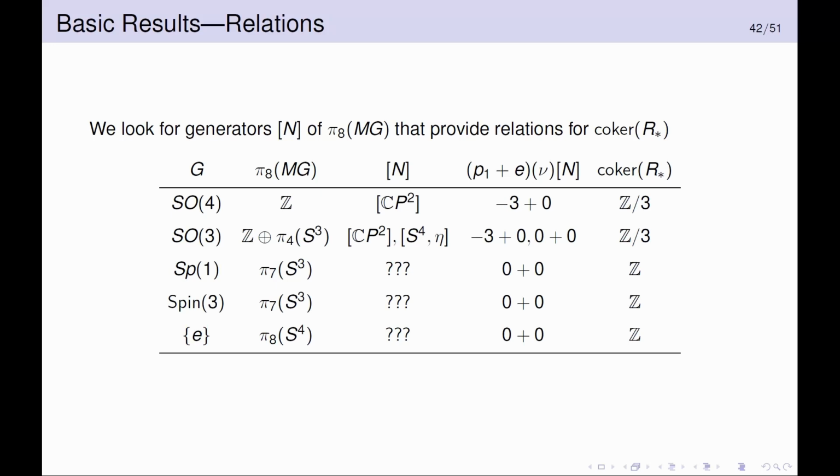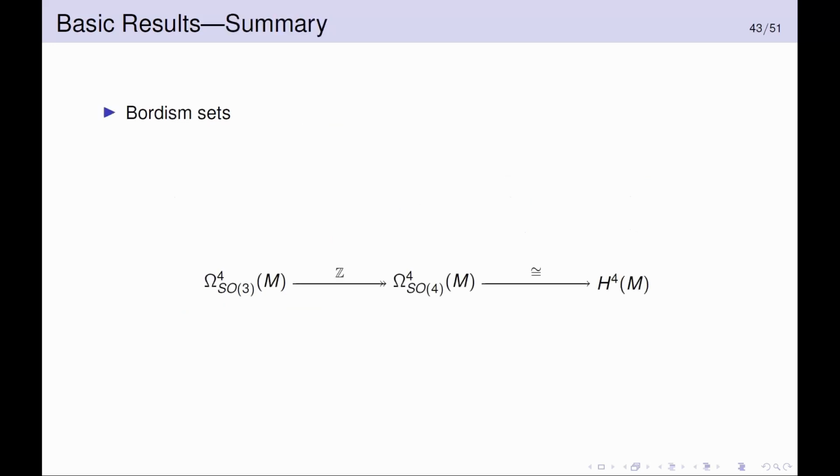So this tells us how many choices we have to lift a cobordism class to a homotopy G associative. Let's summarize. We have bordism theory, an isomorphism from fourth cobordism to the fourth homology, and an integer many lifts to flagged cobordism.